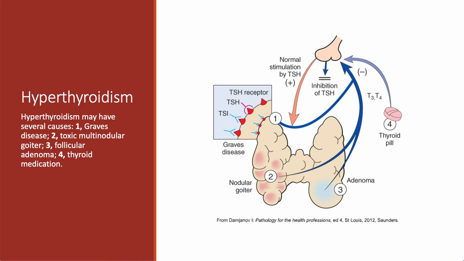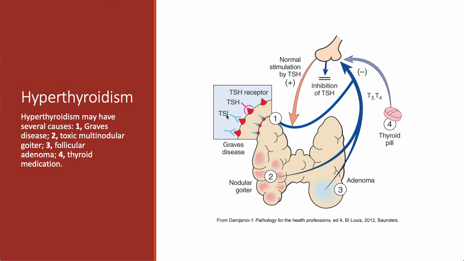So, how can hyperthyroidism happen? Well, there's really these 4 ways. One is Graves' disease, where the receptor sites are affected by this autoimmune disorder, and there's excess reception of TSH.